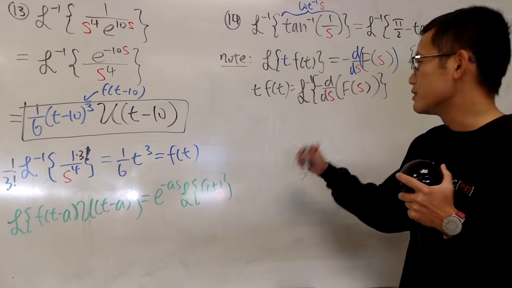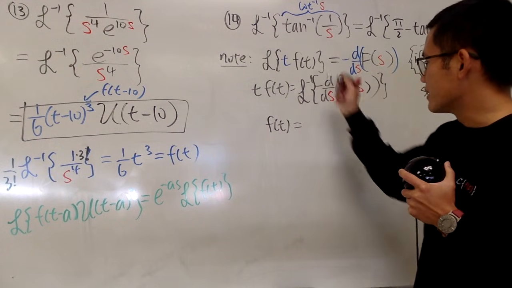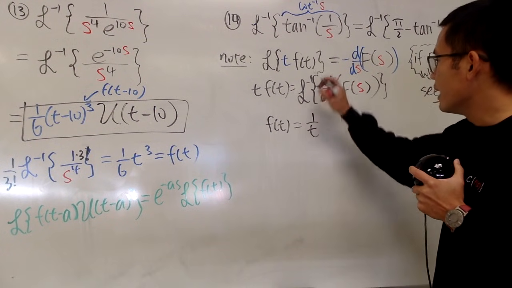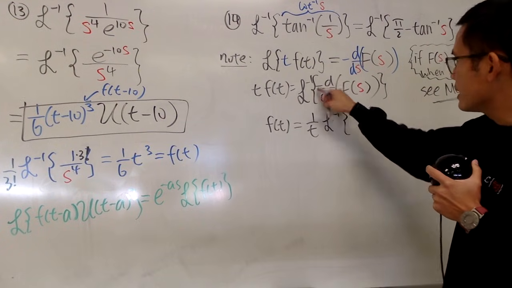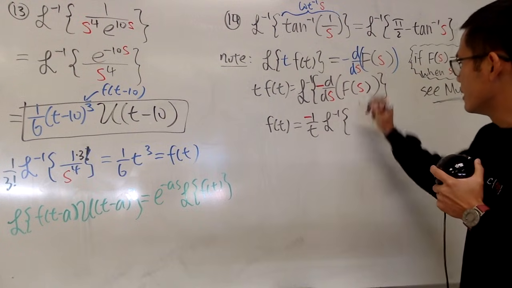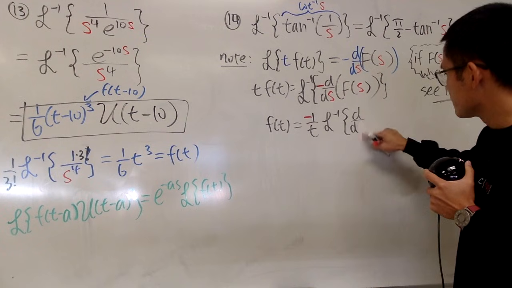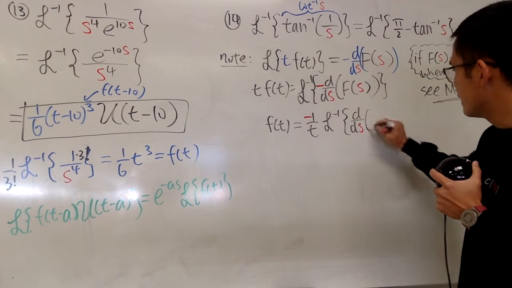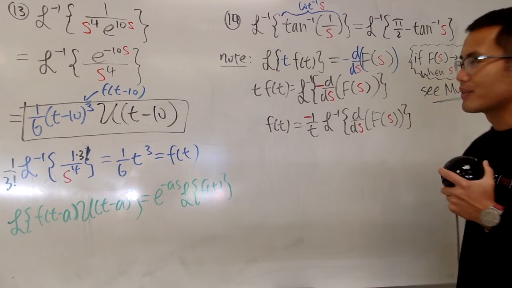But I have little t, so it's okay though. Have a look. f of t, this right here, is just dividing by t on both sides, so we have 1 over t, and then we have the inverse Laplace. Let's put a negative on the outside. And then you just do the derivative in the s world, and then you have a better experience with inverse Laplace.